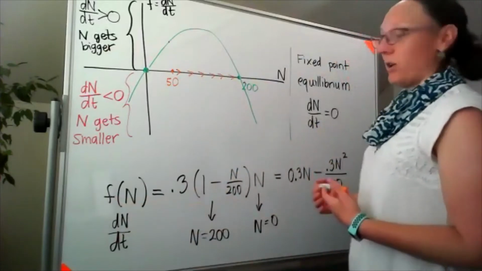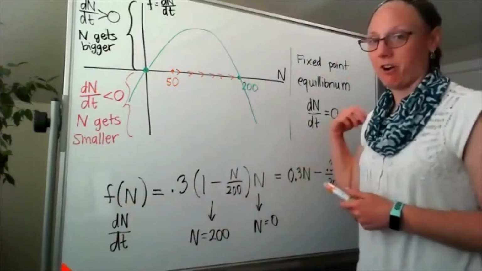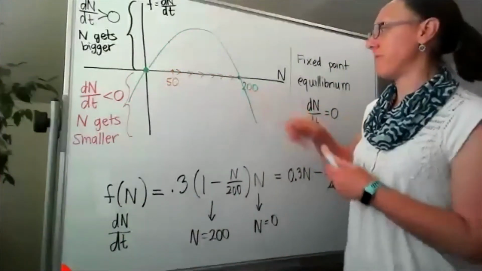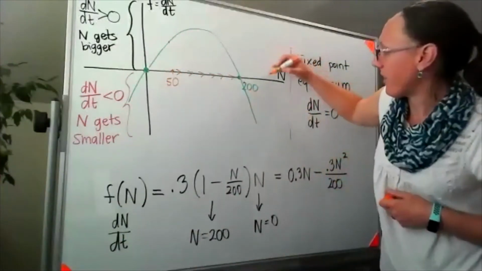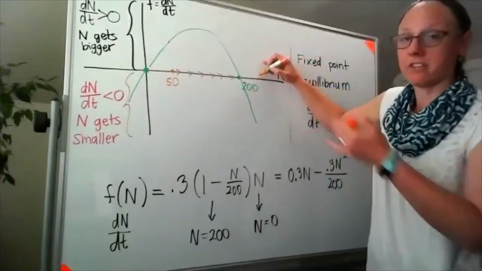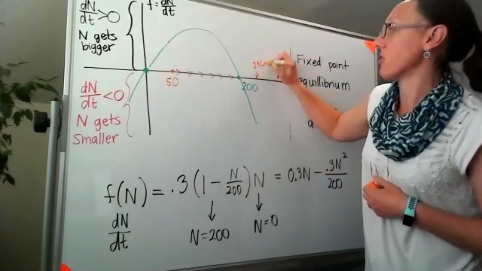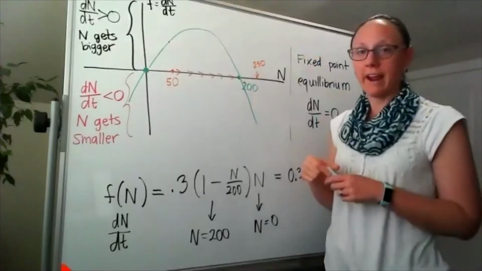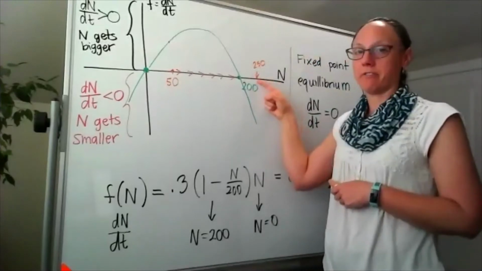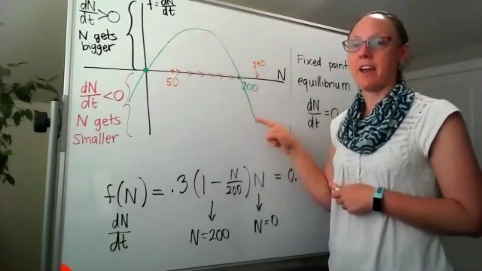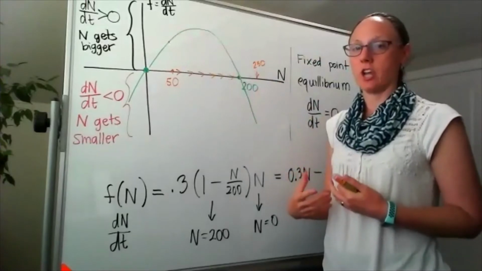Now let's think about what happens if our population started above 200. So let's say that instead of starting with 50 turtles, we actually started with 250 turtles. Well, now, if I start at 250 turtles, this curve is telling me how that turtle population changes.